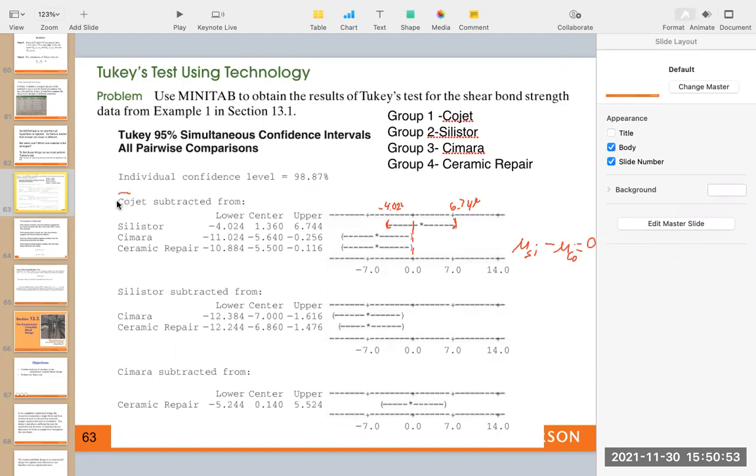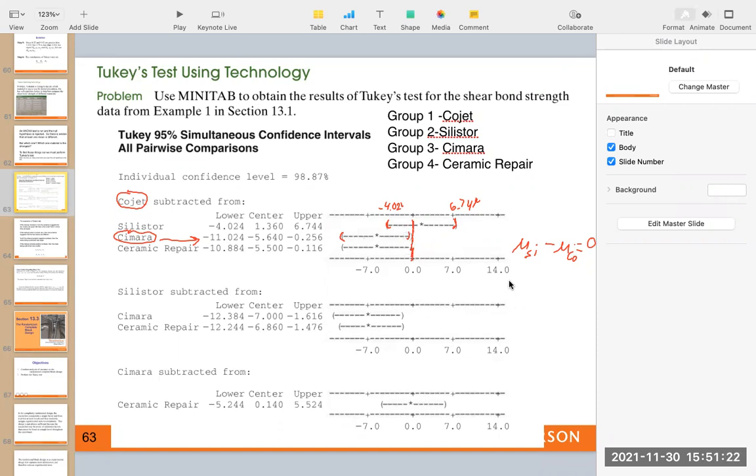They are comparing Coget subtracted from Simar, and this line of data is describing the likely population difference between these two. So notice how 0, which is right here, is almost in that interval, but it's not in that interval.